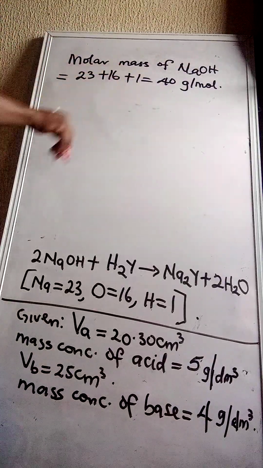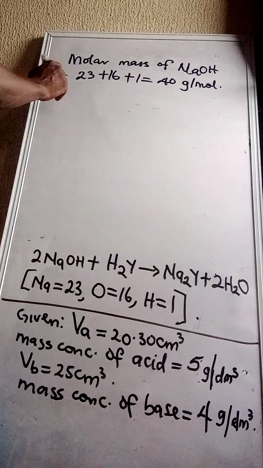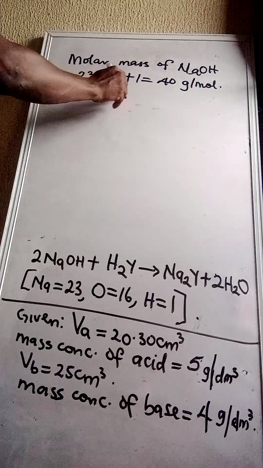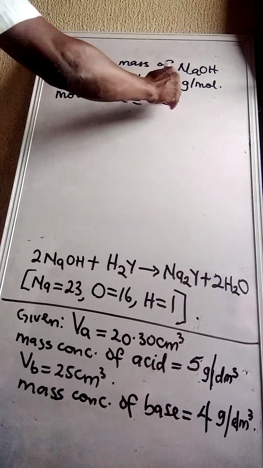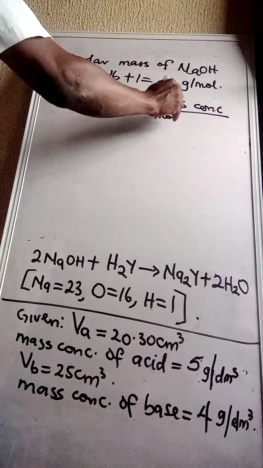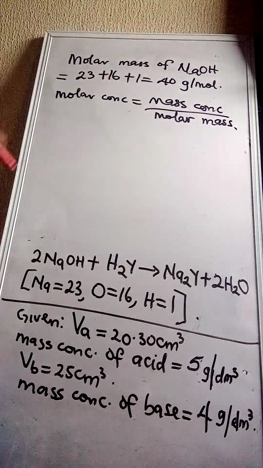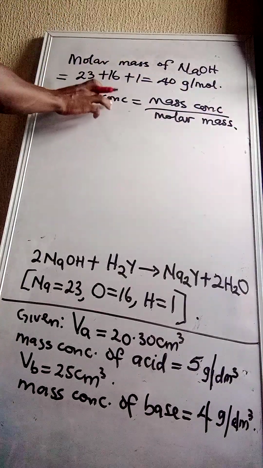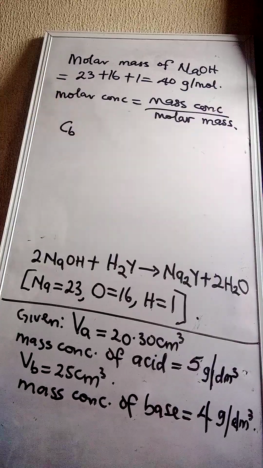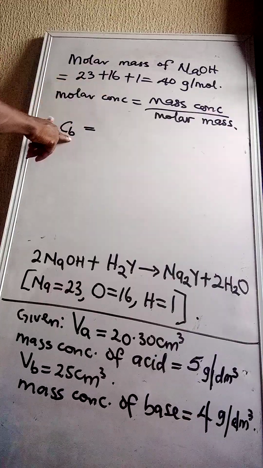We will now use this to find the molar concentration of the base using the formula. Molar concentration is equal to mass concentration over molar mass. This is the molar concentration of the base we are looking for, so I will use C sub B to represent that. C represents molar concentration, B for base.